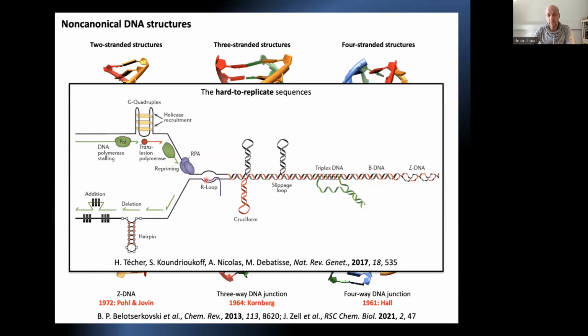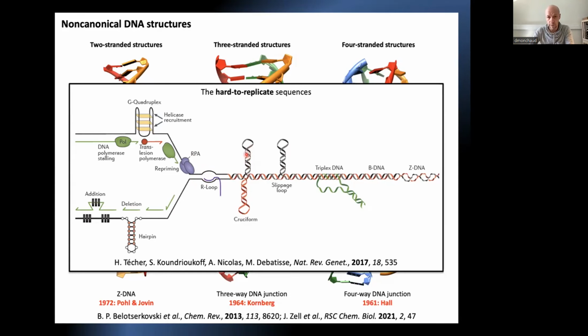But the second feature is the fact that the motion of the polymerases, which are in charge of the DNA transactions along the duplex DNA, creates a kind of supercoiling ahead of the replication fork. And the way for the DNA to relieve that torsional stress is to adopt a series of alternative nucleic acid structures.